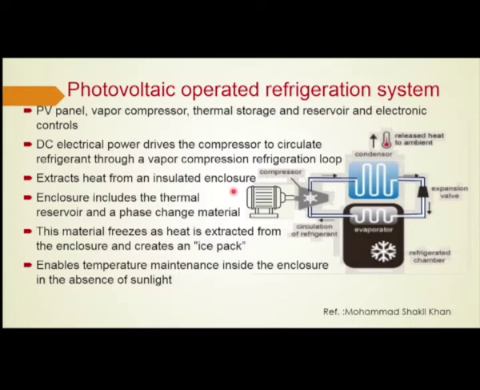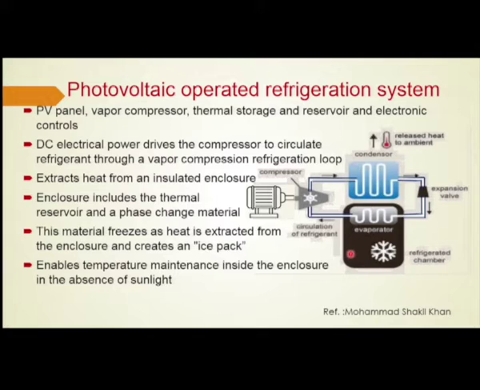We will be having a controller unit and PV panel unit fitted outside this refrigeration system. The controller will supply a constant voltage to the motor and the compressor, and this includes a heat transfer process which creates ice and a cooling effect in the refrigeration system.